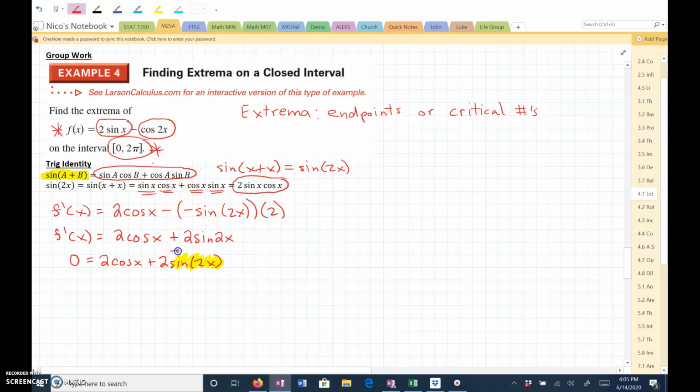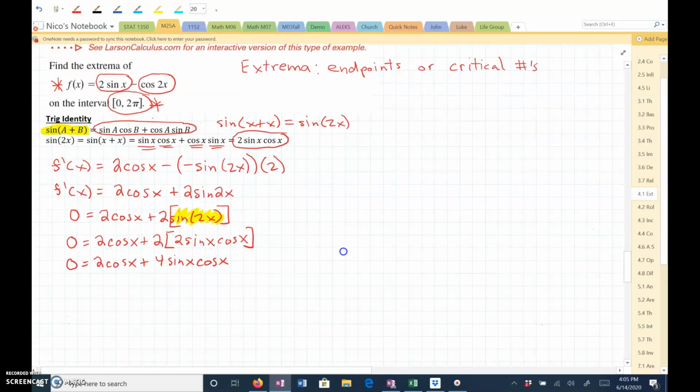So now I'm going to be able to replace this with 2 sine x cosine x. So 0 equals 2 cosine x plus 4 sine x cosine x.